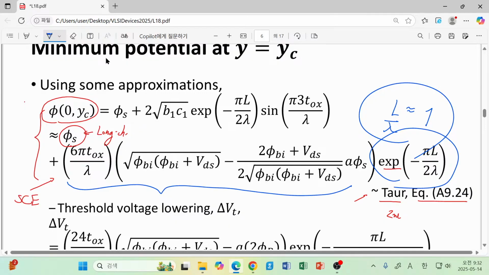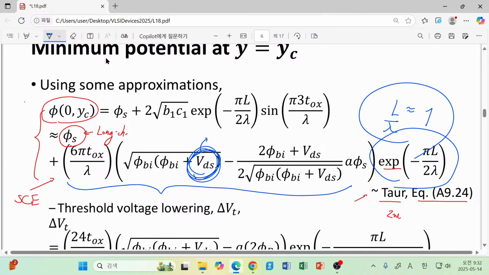Of course, if we have a higher and higher drain bias, this amplitude will become higher and higher. Yes, that is quite easy to understand, because this potential increase is given by this source side potential and drain side potential, and having higher VDS just raises this right side, drain side potential.